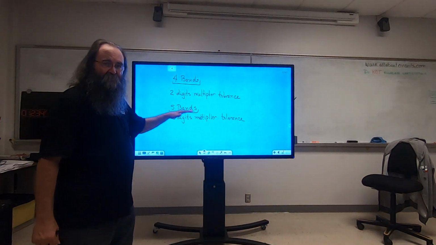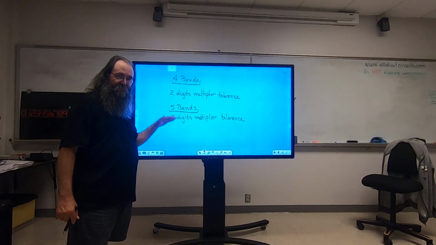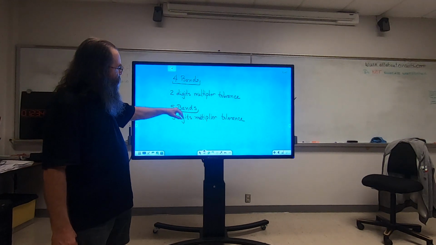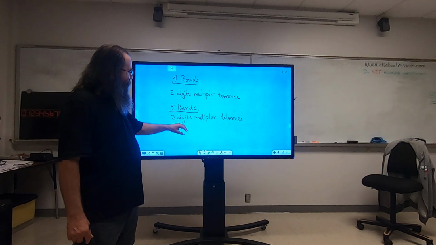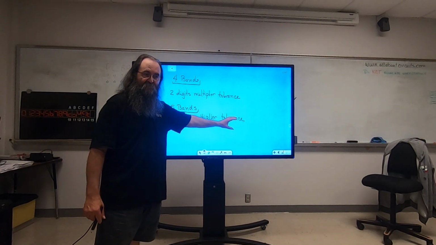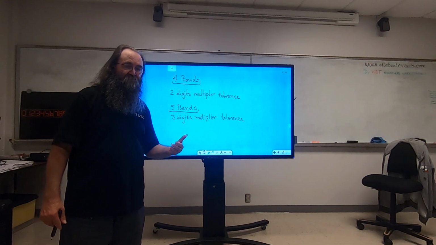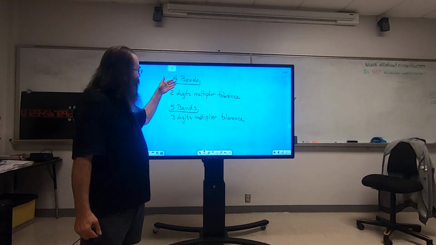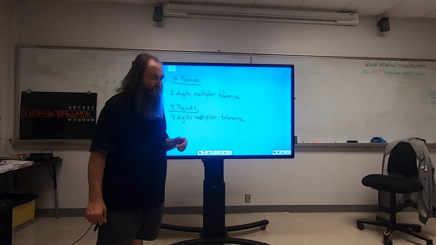They're always going to be in that order with that number of digits. 2 together, the multiplier, the tolerance. 3 together, the multiplier and the tolerance. But the process for calling a resistor, the process for reading a resistor is always the same, no matter whether you have a 4-band or a 5-band resistor.